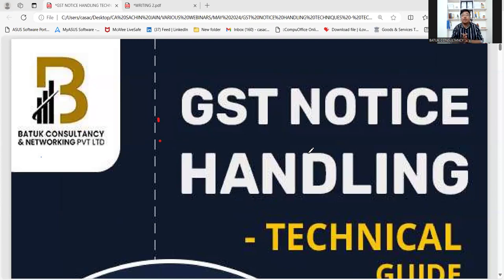Today we are going to discuss a very important topic, that is GST notice handling. Nowadays this is the core concept under GST.